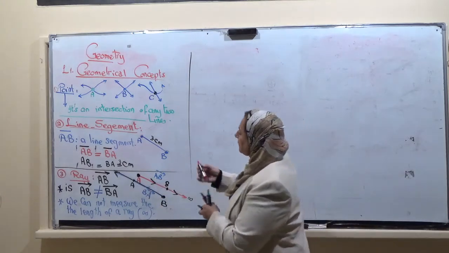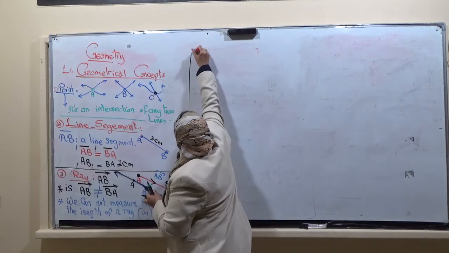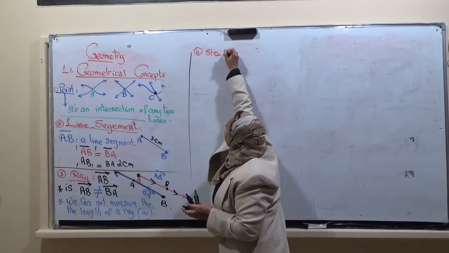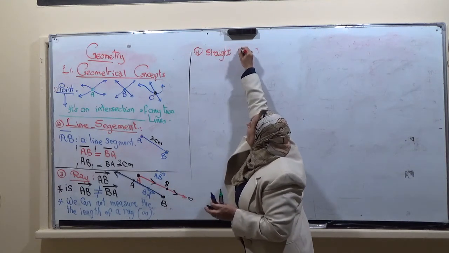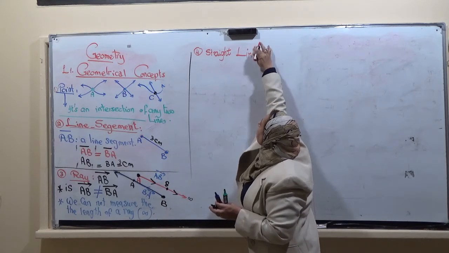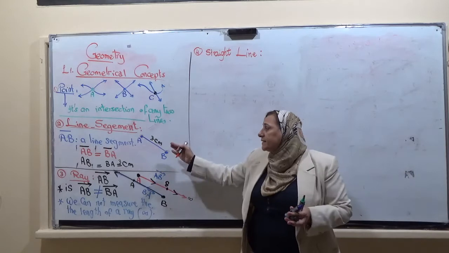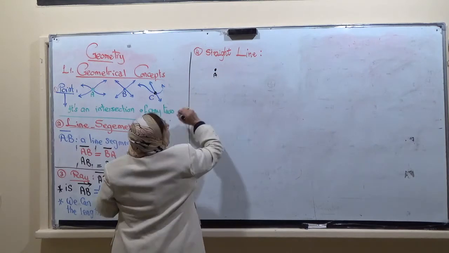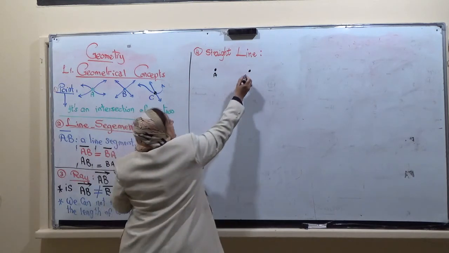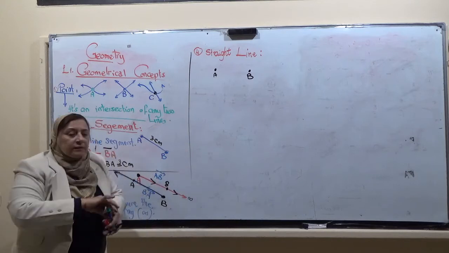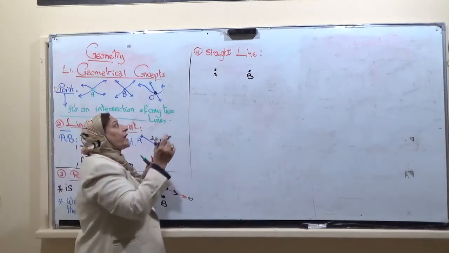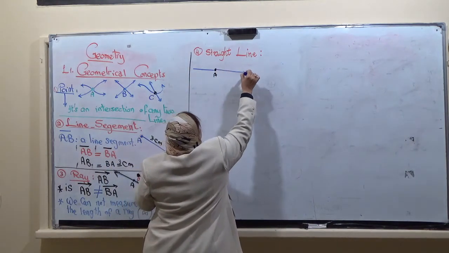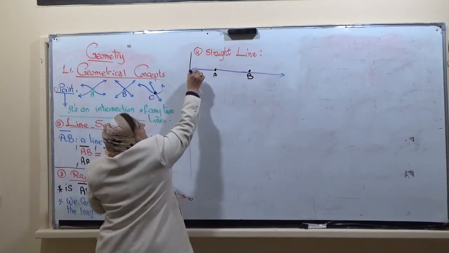What about the last one? Number four, about this straight line. What is this straight line? Straight line is like a ray, like a line segment, but for example, if you have A and you have B like this, the straight line is a set of infinite points passing through A and passing through B and going to infinity in both directions.